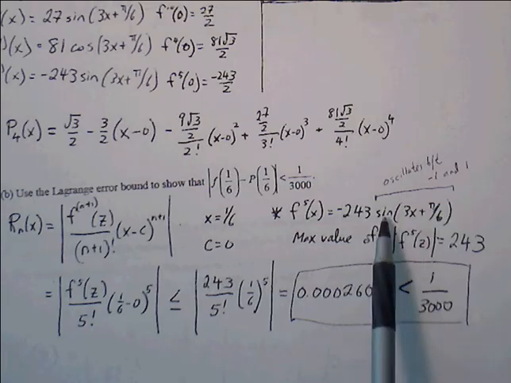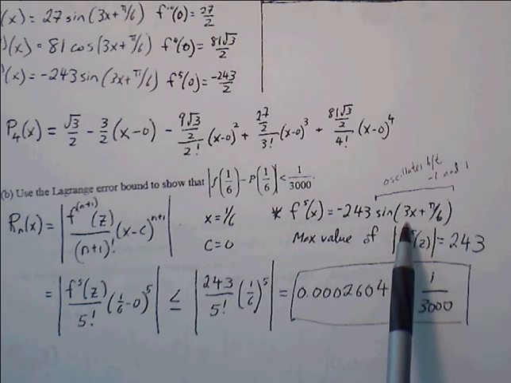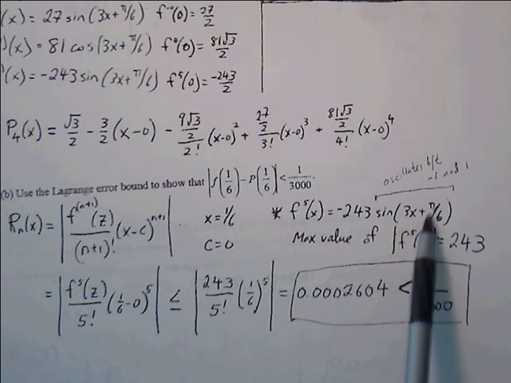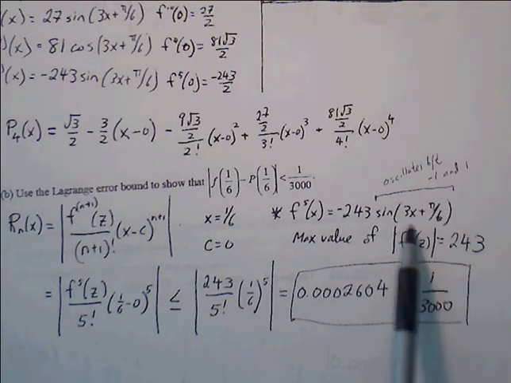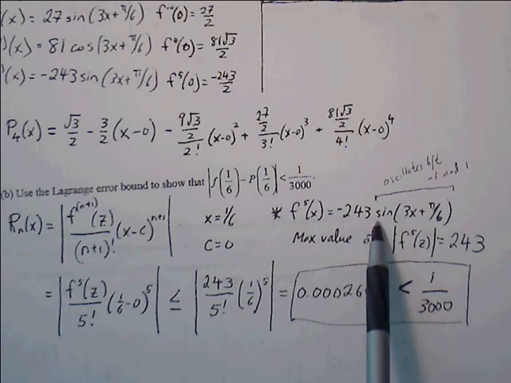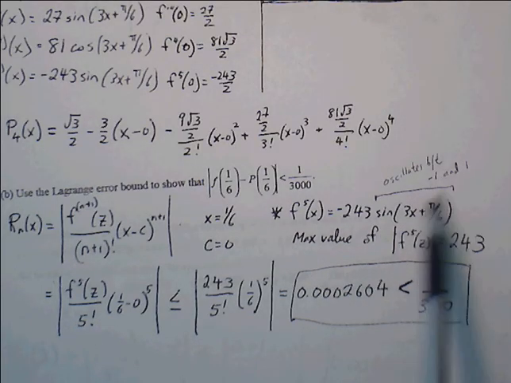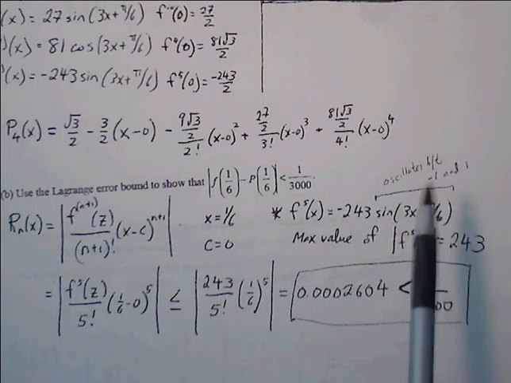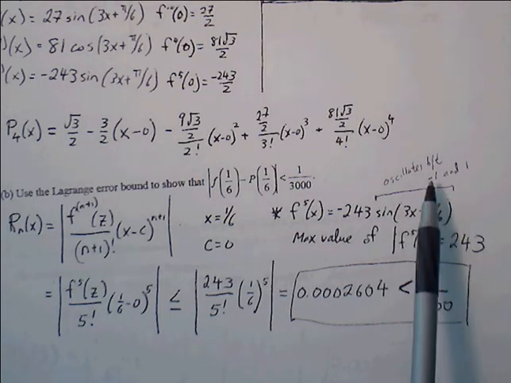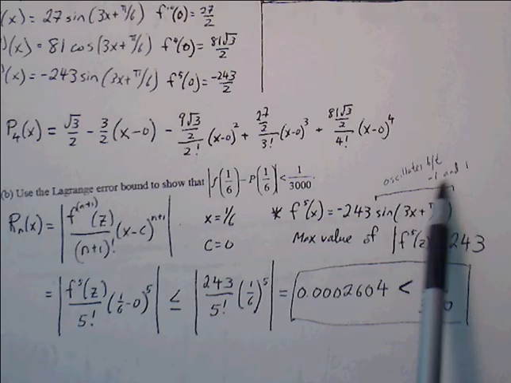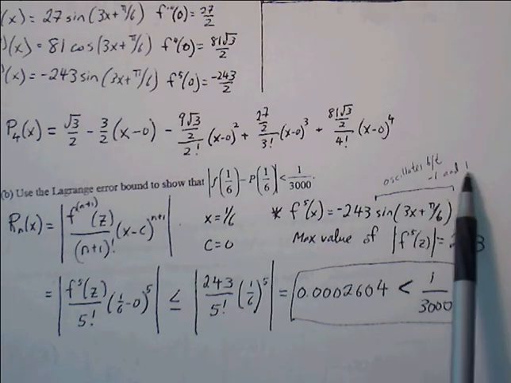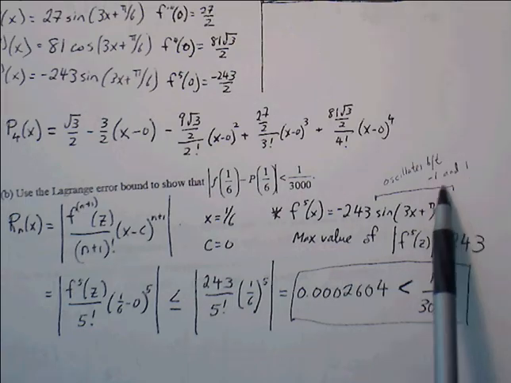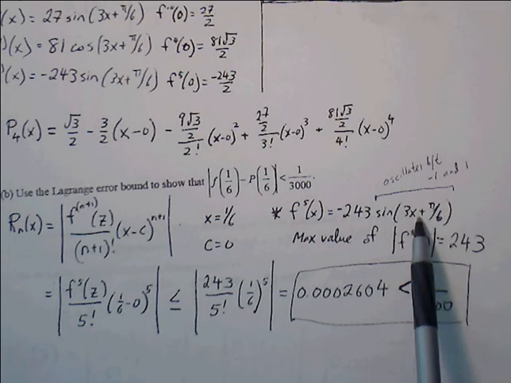Now, if we think about all the values for x, we know that sine of 3x plus pi over 16, no matter how large this x gets, the maximum that this sine will be is between negative 1 and 1, right? The sine curve will just keep oscillating between negative 1 and 1, which means that there's not going to be any value greater than 243, because 1 and negative 1 will be the maximum absolute values of this.